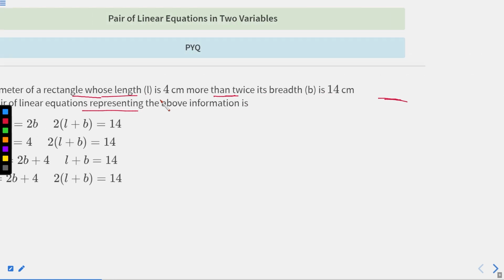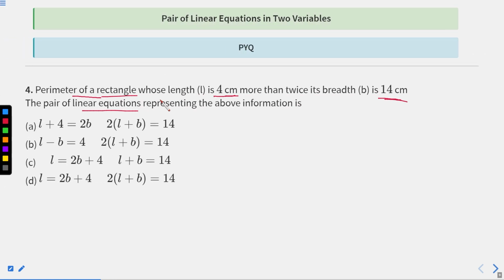If we now check the options, in option D we have L = 2B + 4 and 2(L + B) = 14. So the pair of equations representing the above information is in option D. The correct answer for this question is option number D.